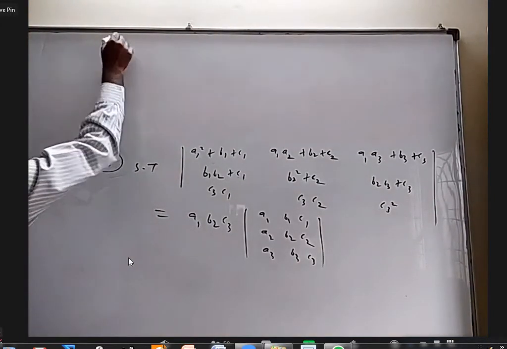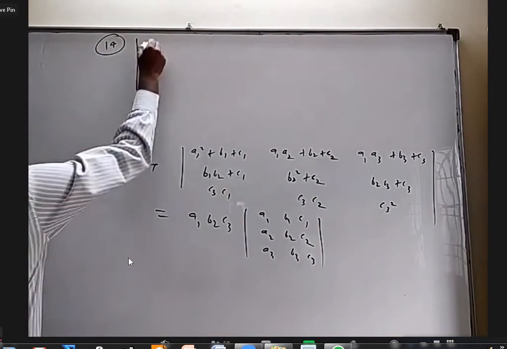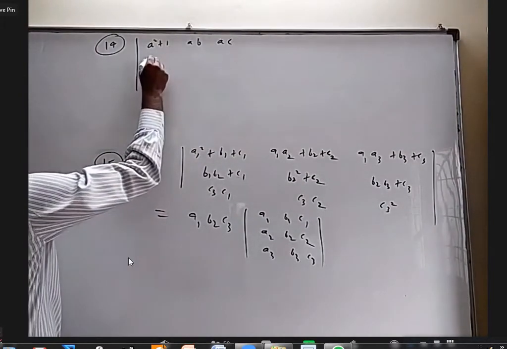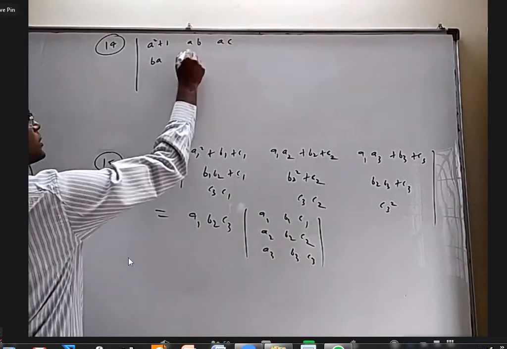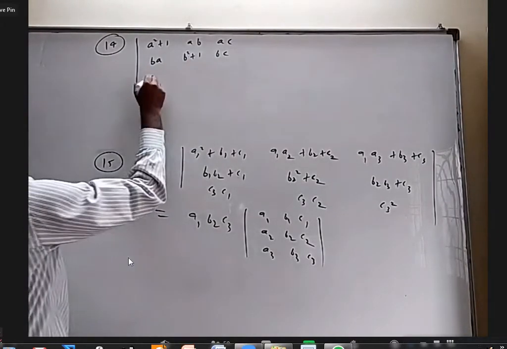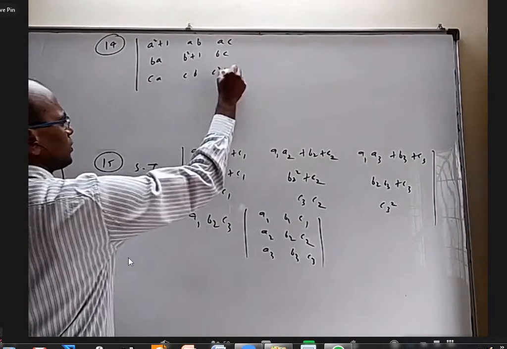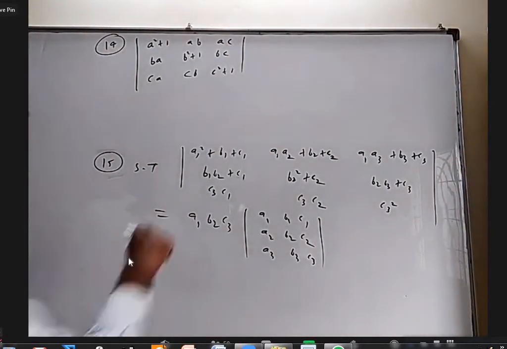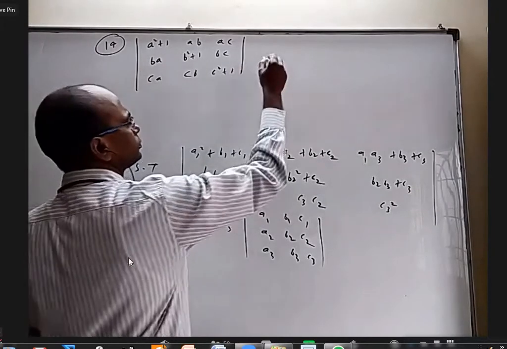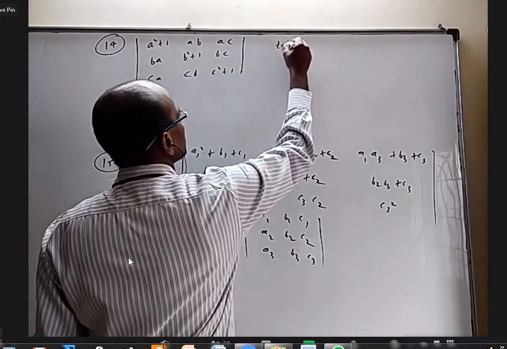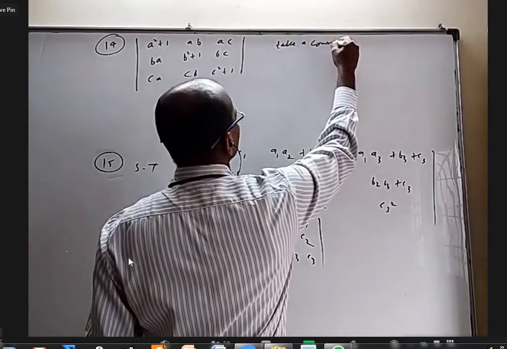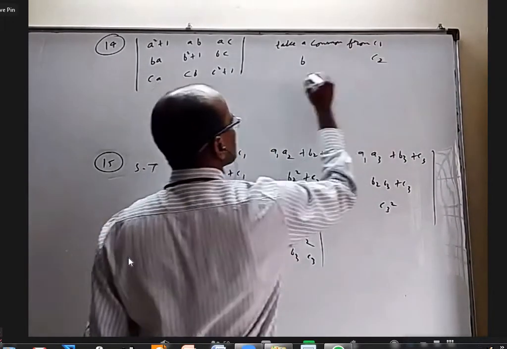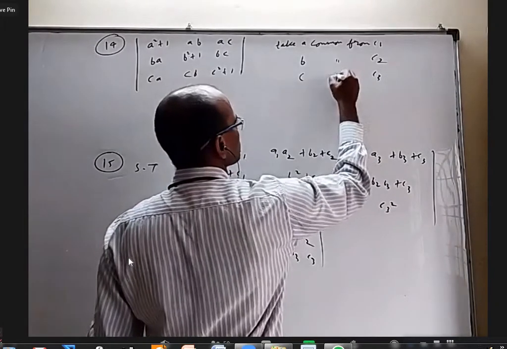Okay, the morning's 14th question was: A square plus 1, AB, AC; BA, B square plus 1, BC; CA, CB, C square plus 1. Some of you completed it, but still I'll write some explanation. Take A common from column 1, B common from column 2, C common from column 3.